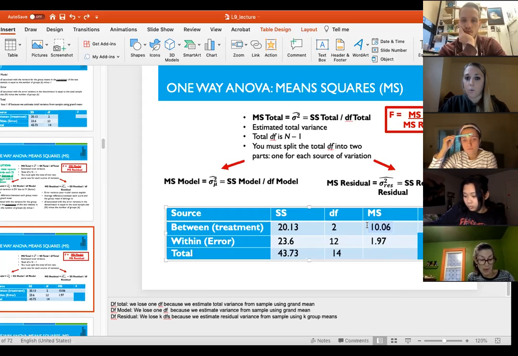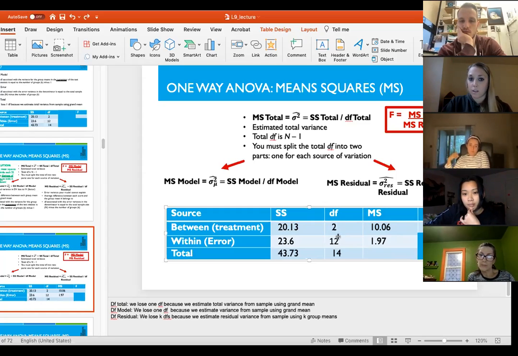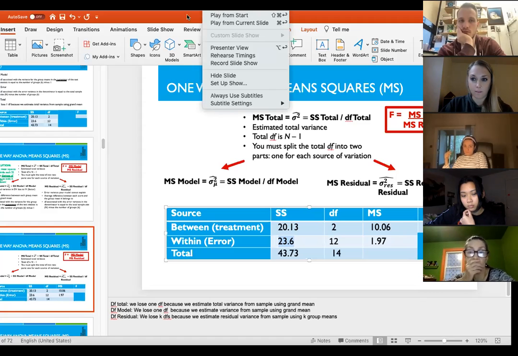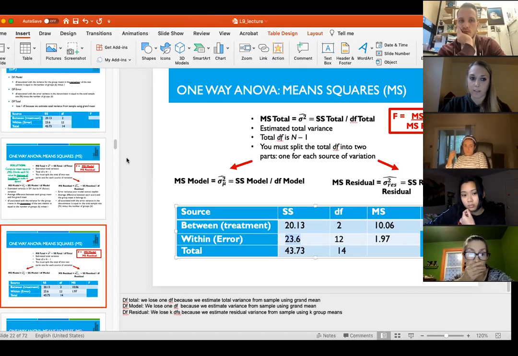So now MS model is 20.13 divided by 2, because it's sums of squares divided by its respective degrees of freedom. Our MS within, or MS residual, is 23.6 divided by 12, which is 1.97, because it's sums of squares within divided by degrees of freedom within. Make sense? So each has its respective partitioning.